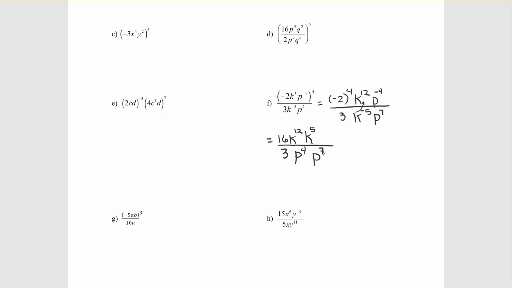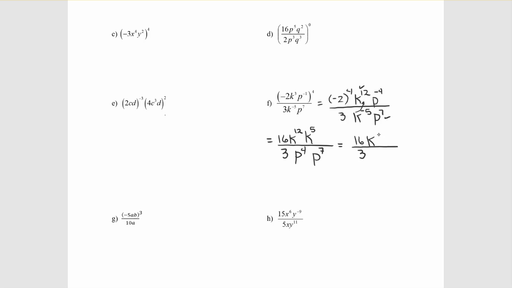Since we want positive exponents, we're going to leave the ones that had positive exponents where they were and only swap the ones that had negative exponents around. Now I can total them up. Because the k's are on the same side, we're going to use the property that says when I multiply like bases, I add the exponents.